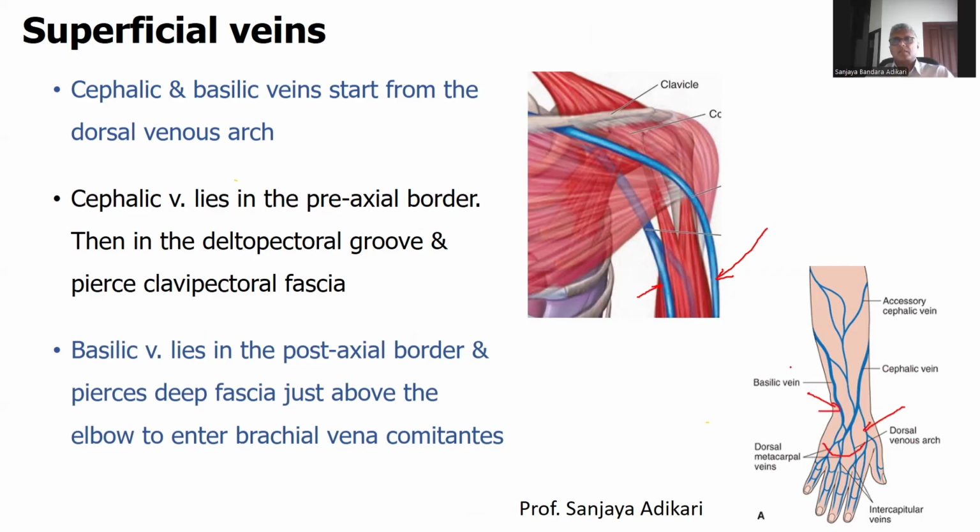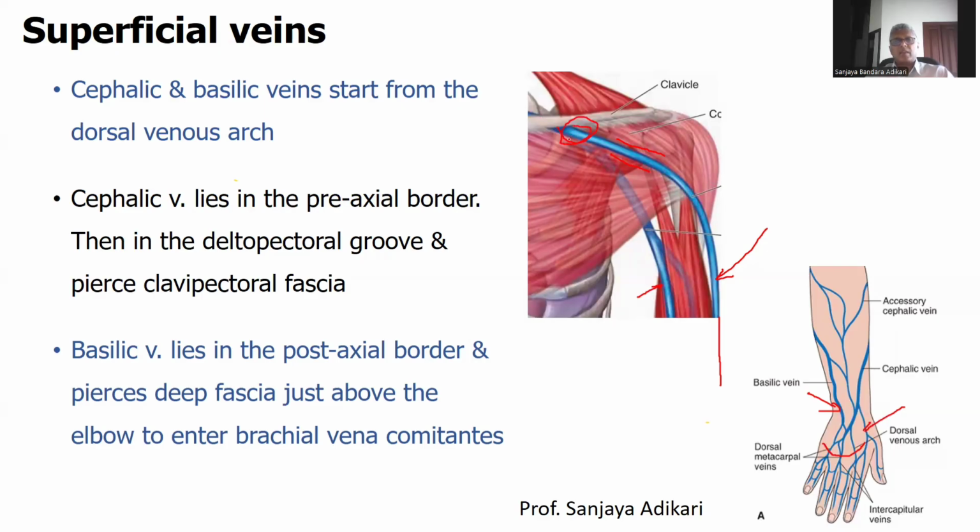Cephalic vein runs along the lateral aspect, you call it the preaxial border of the upper limb, all the way, and it enters the deltopectoral groove here. You have the deltopectoral groove here between the deltoid and pectoralis major. It pierces the clavipectoral fascia just proximal to the clavicle, and it enters the axillary vein.